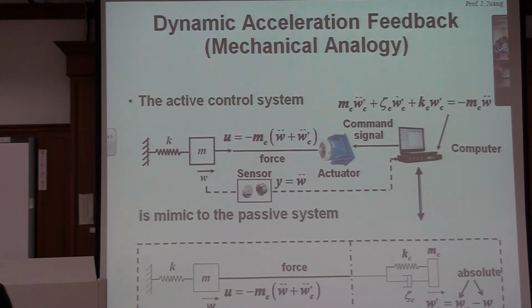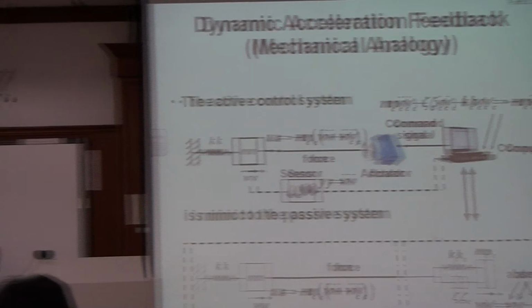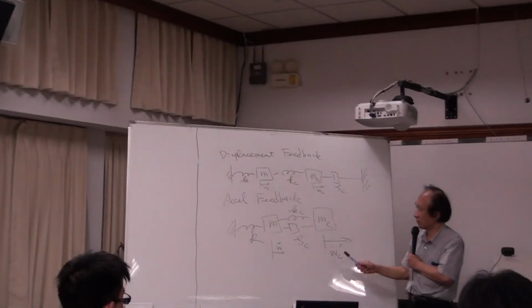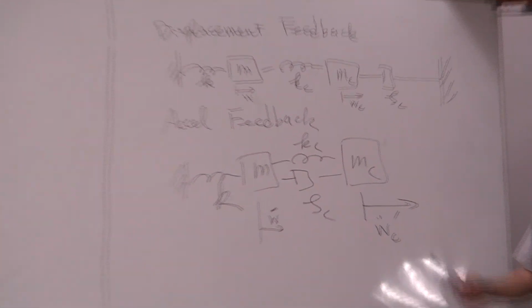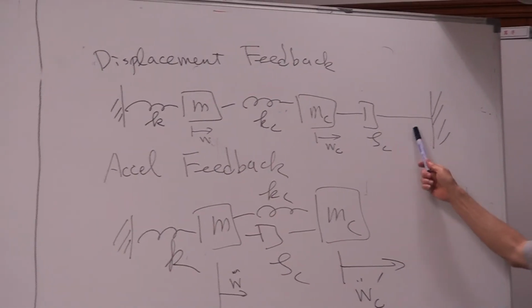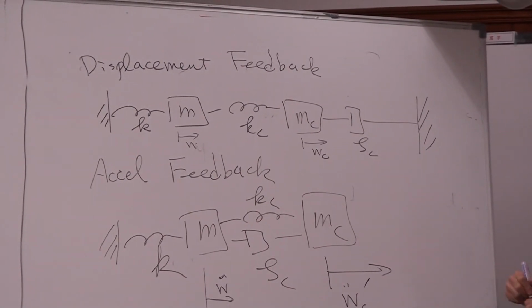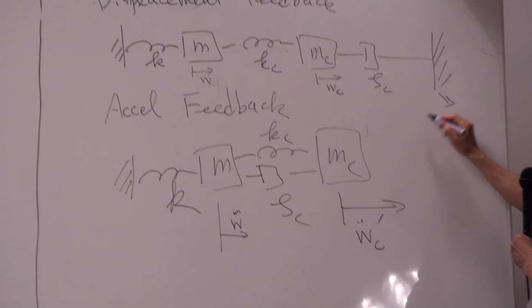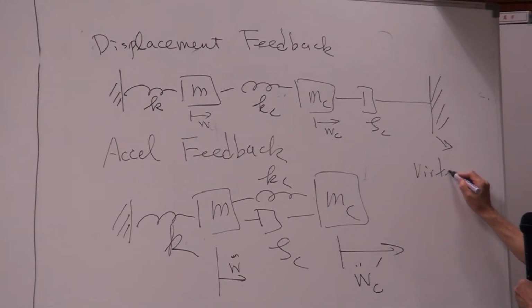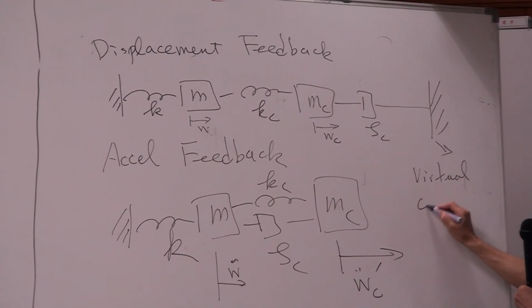The difference is here we use absolute displacement. Here we use the relative displacement, so relative accelerations. And so you attach to the ground, although this is a virtual ground. This is not real ground, because this is in the computer.